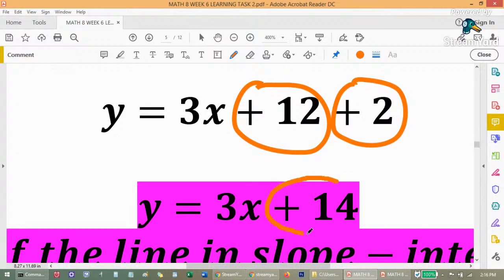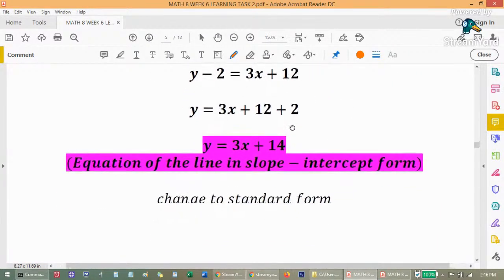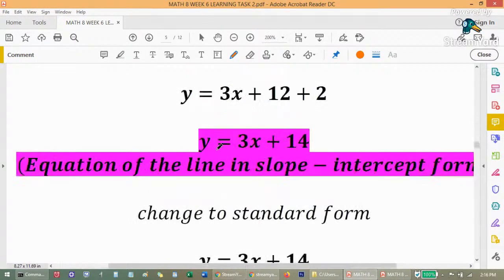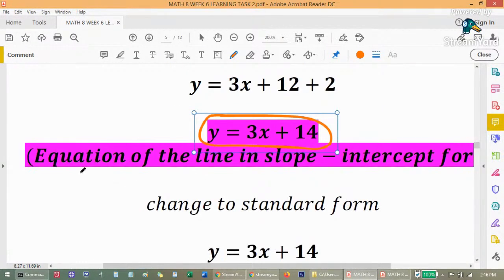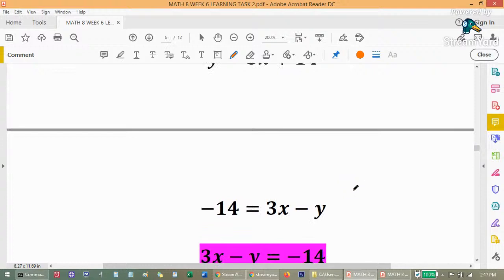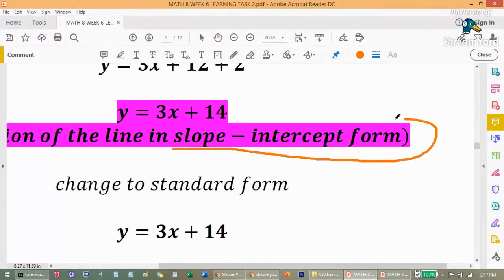So, meron na tayong 14 na positive. Okay? This is the equation of the line in slope-intercept form.